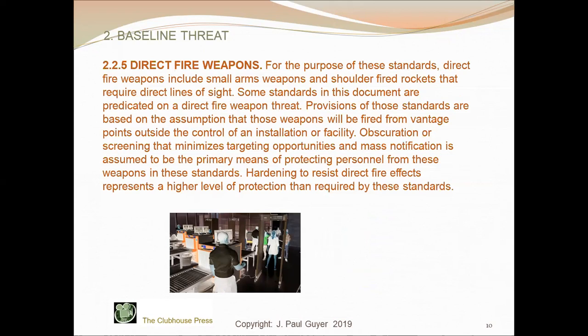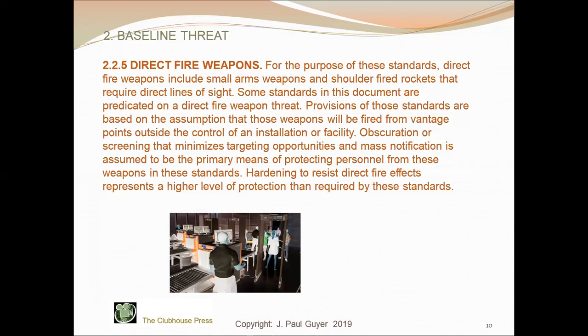Provisions of these standards are based on the assumption that those weapons will be fired from vantage points outside the control of an installation or facility, outside the secured perimeter. Obscuring or screening that minimizes targeting opportunities and mass notification of the occupants in the facility is assumed to be the primary means of protecting personnel from direct fire weapons in this discussion.